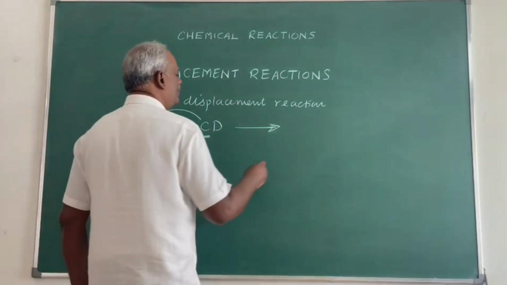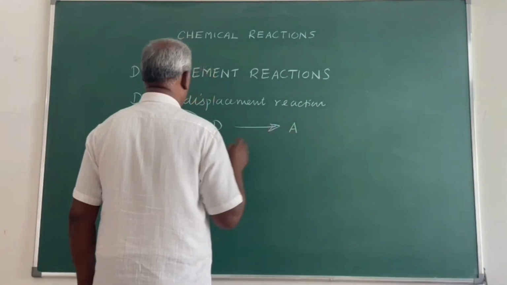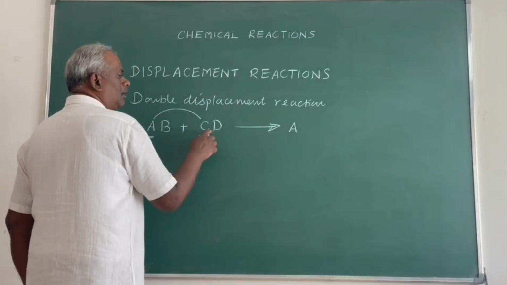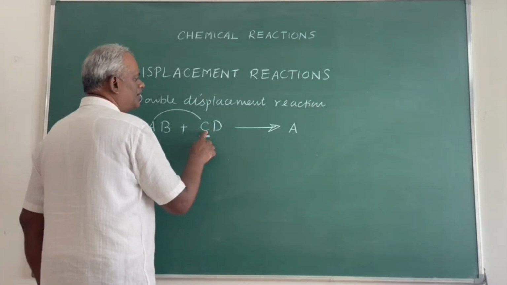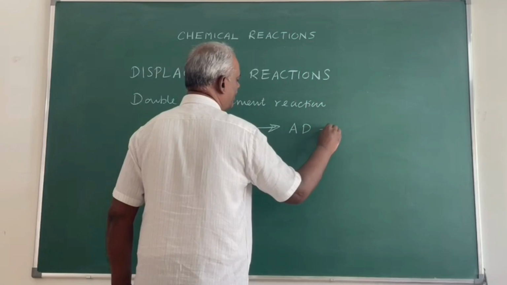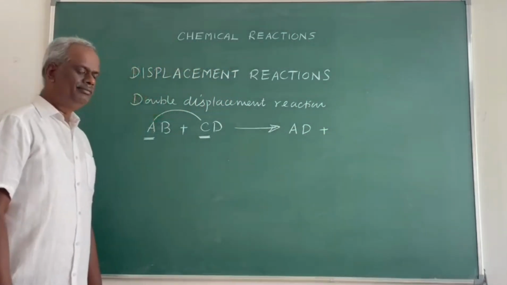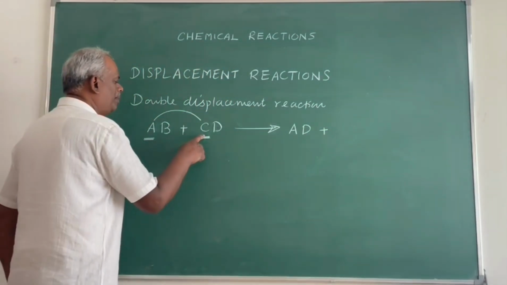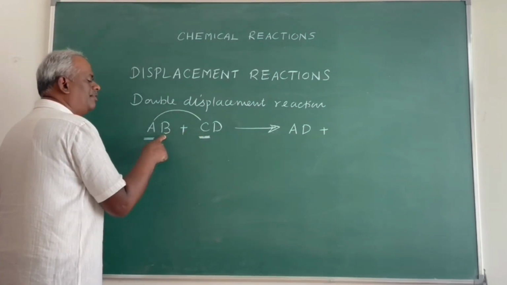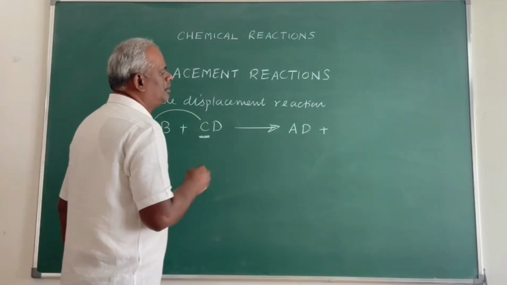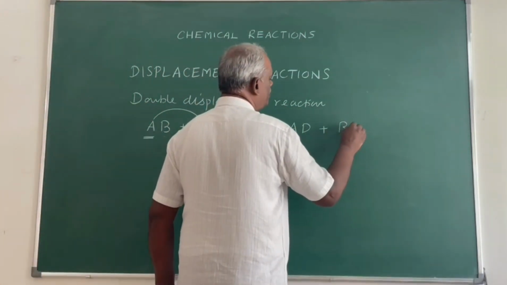A is occupying this position so that we can have one product as AD. C is a metal part that can combine with this non-metallic part so that the other product is BC.